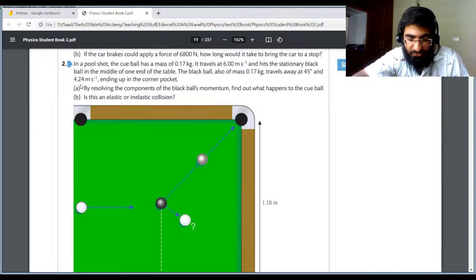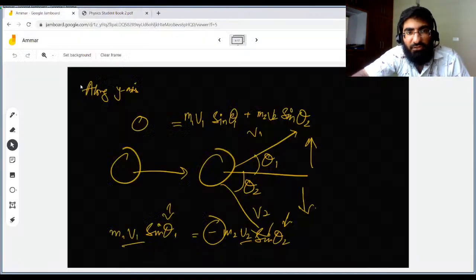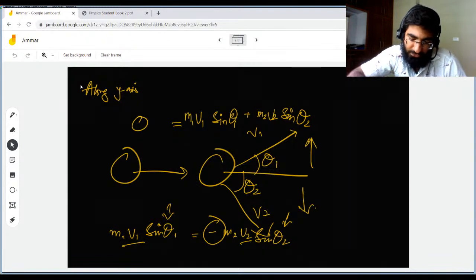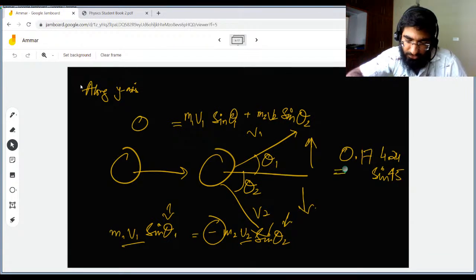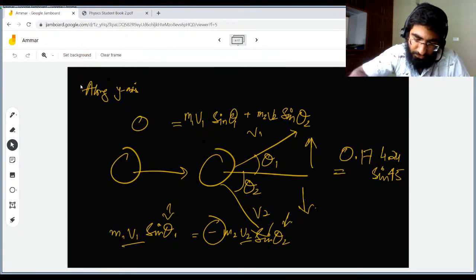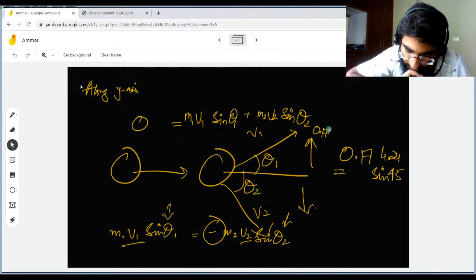The white one's initial speed is 6. The mass is the same, 0.17. It would go off with a velocity of 4.24, and it is sine 45. The other one also has a mass, 0.17, times 6.